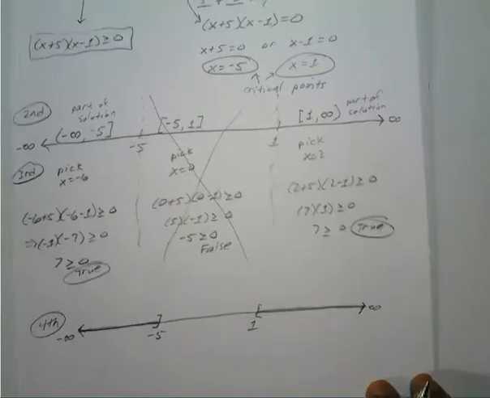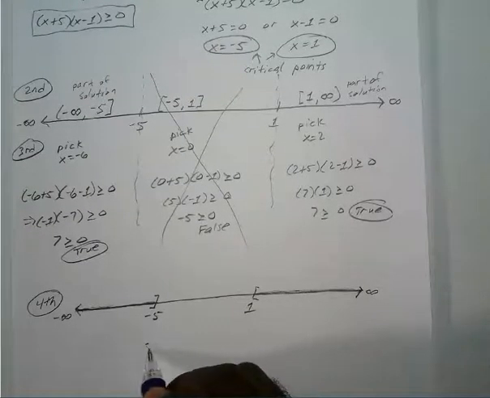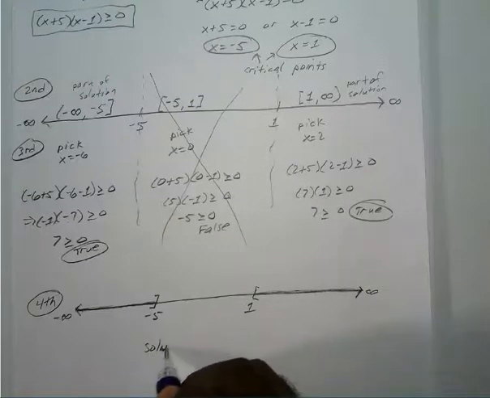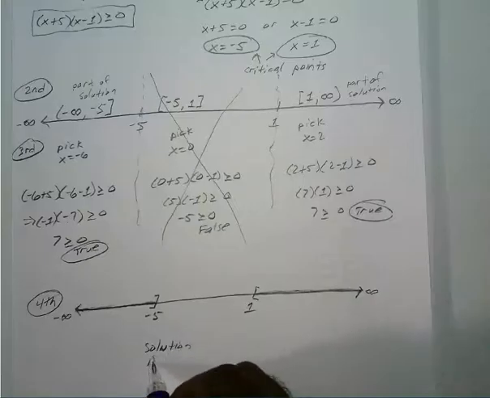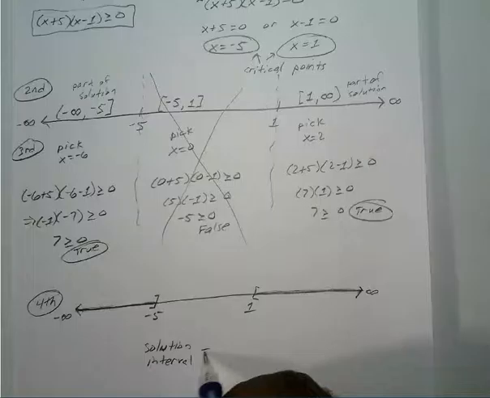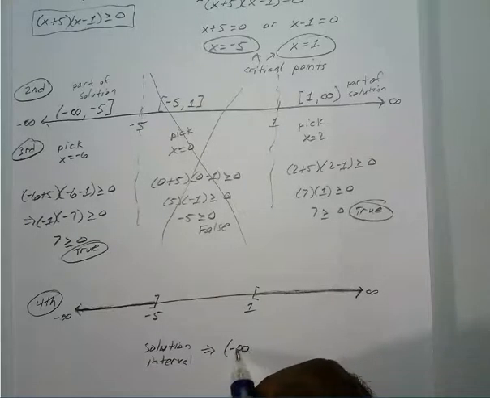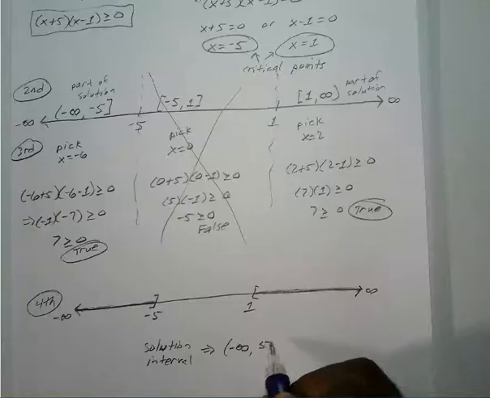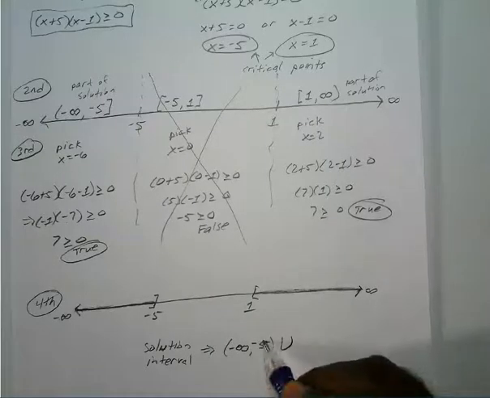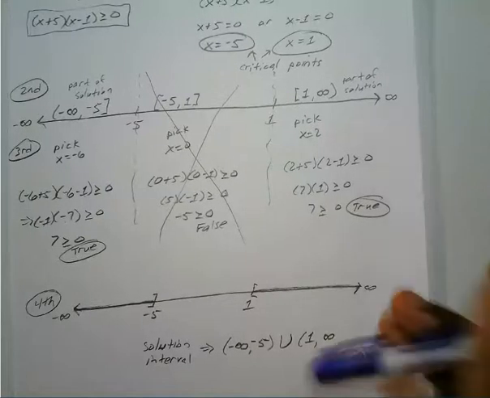Okay, now that's our graph of the solution set, but our actual solution written in interval notation is from negative infinity to negative 5, or you can pick it from 1 to positive infinity.